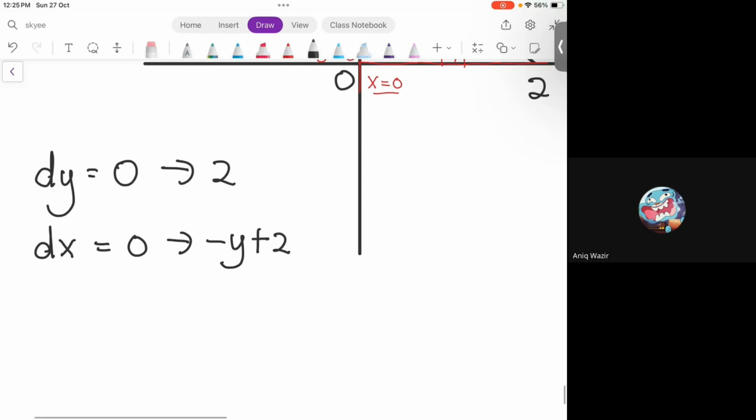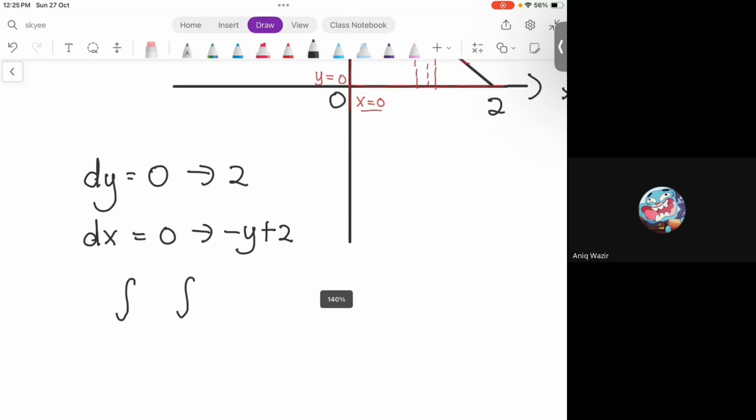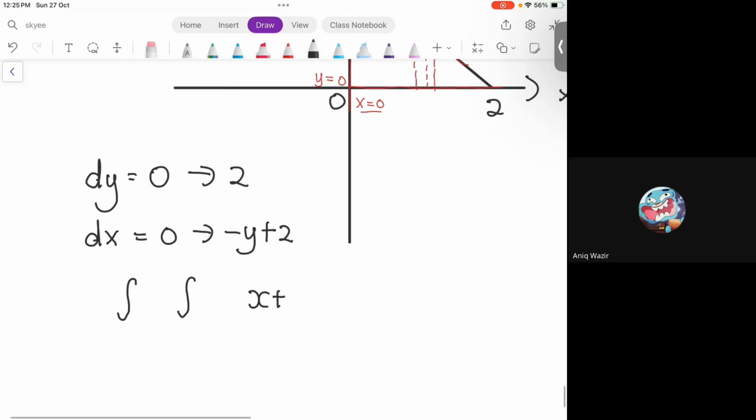Good. Now, same thing, I have got my interval, so I want to put it inside. x plus y, just keep it. Remember what I told you: number, put it outside, so you put this dy outside.